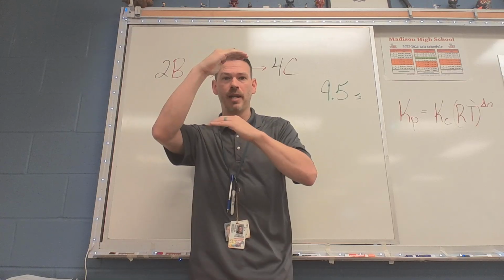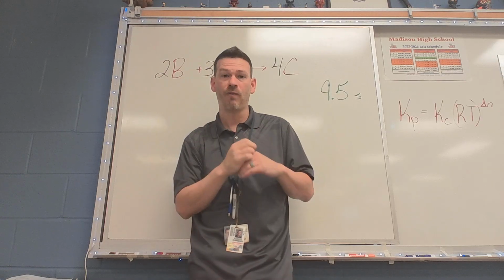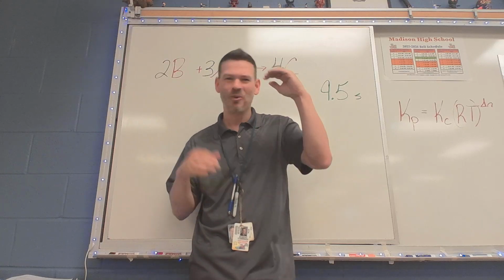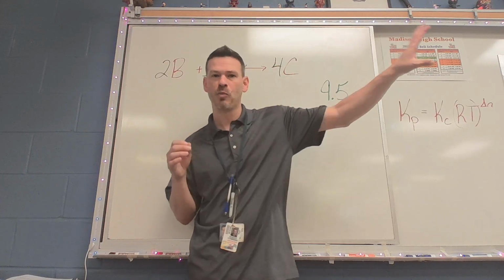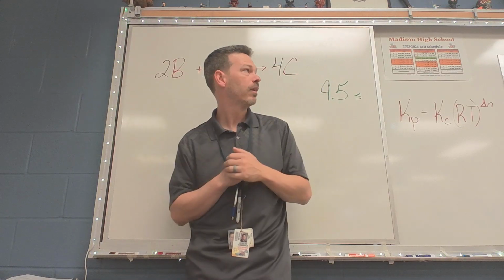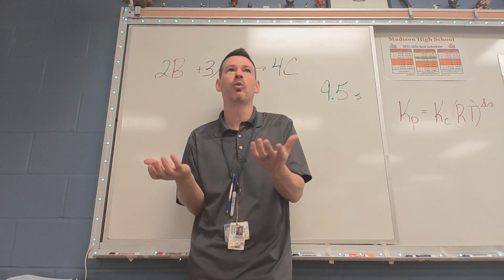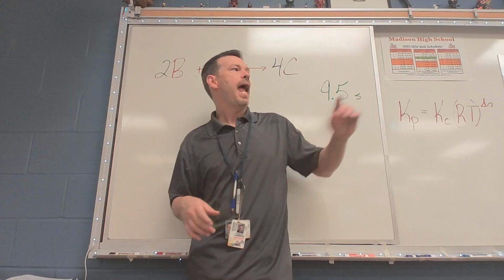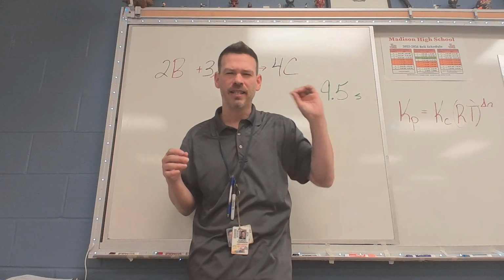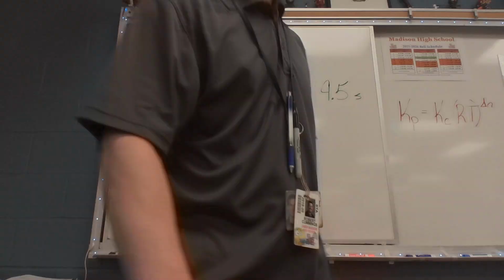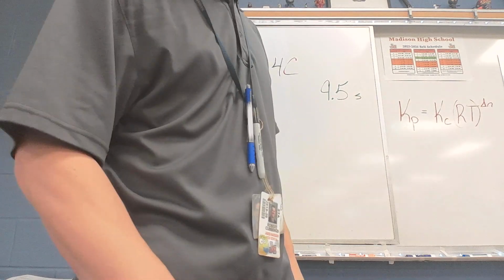It's reactants over products, both raised to the power of their coefficients to get K. Once we have K, we care about whether it's bigger than 1 or littler than 1, and that tells us whether there's more products or more reactants. K has no units. It's all about magnitude. I just need to know, is it big or little? And you see the phrase unsubstituted there? That's important, and let me model it for you.